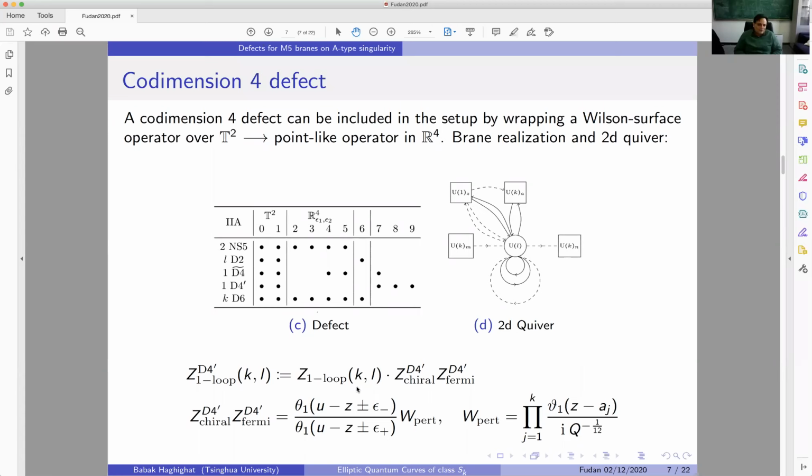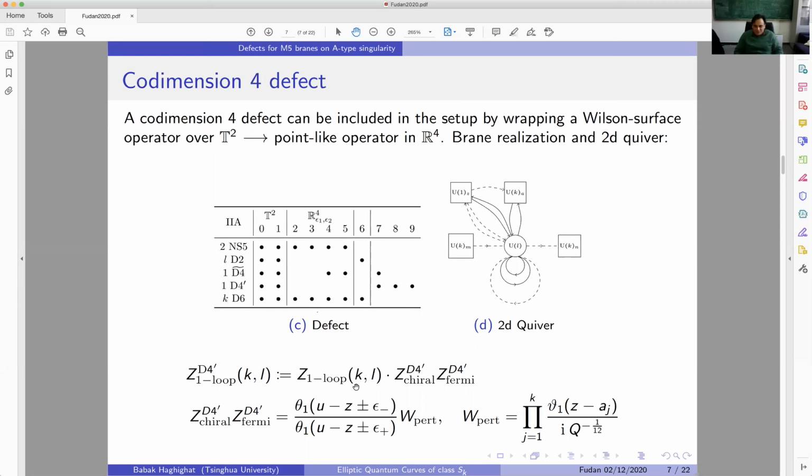These kinds of things have been done in the past, and there are all kinds of quivers describing all kinds of 6D theories. But it's not always clear what the brane realization is. So that's why in this case, this is the simplest case one starts with, where the brane realization is clear. We can describe the defect and this brane picture and so on and so forth. Okay, thanks.